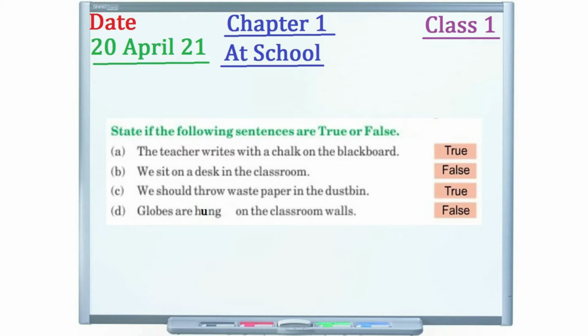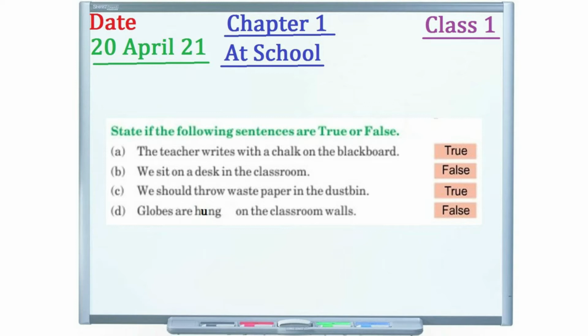A. The teacher writes with a chalk on the blackboard. This is true.